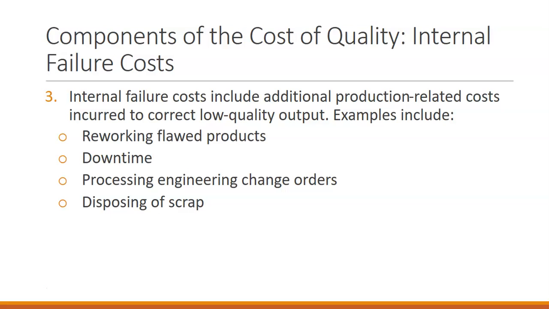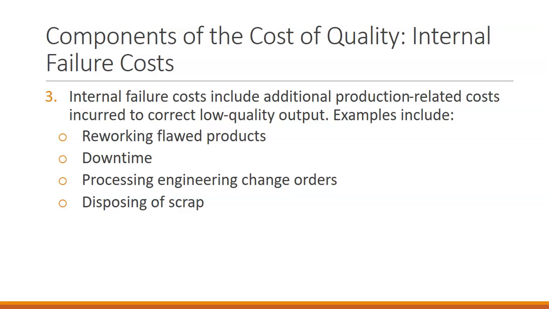Internal failure costs. So internal failure costs are things that relate to us having low quality output. Examples include when we need to rework products that weren't created correctly the first time. Downtime. So any downtime related to machines that are broken, or we have to repair different things, or we weren't maintaining our upkeep.